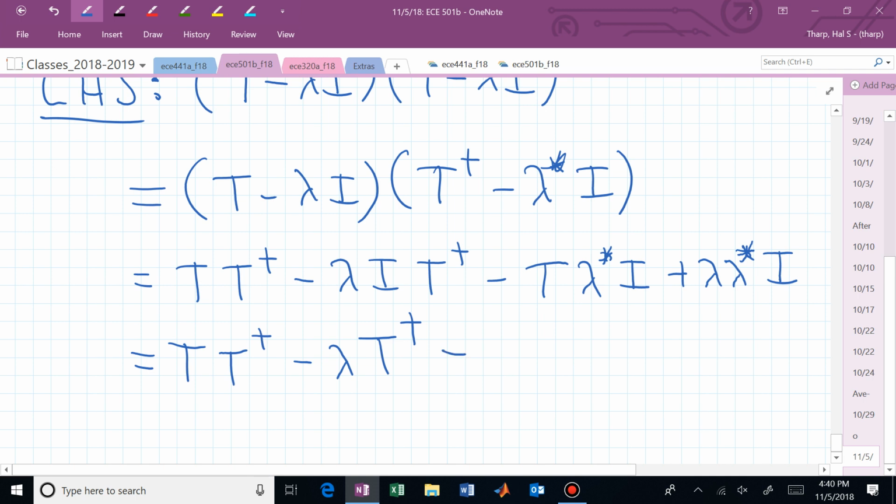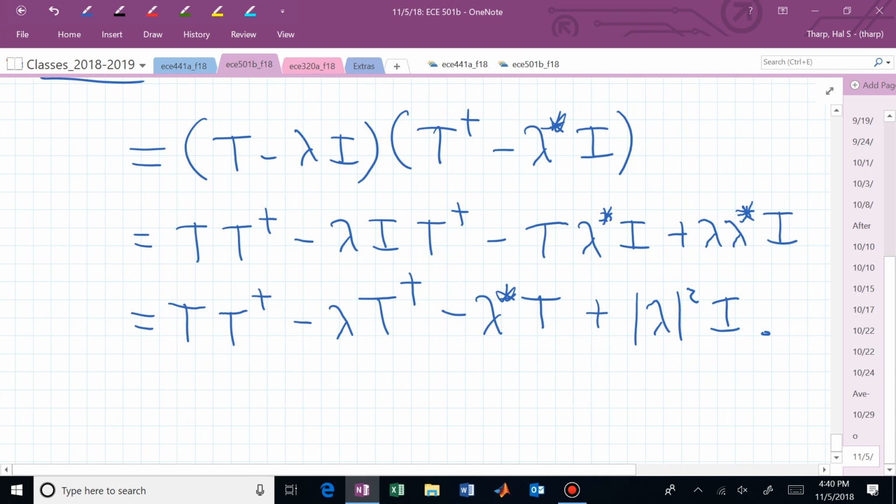I can pull the lambda conjugate out front and forget about the identity map in the third term. And what happens when I take a complex number and multiply it by its conjugate? Now it's just the magnitude squared. So now I have the magnitude of lambda squared times I. That's as much as we need to reduce the left-hand side.